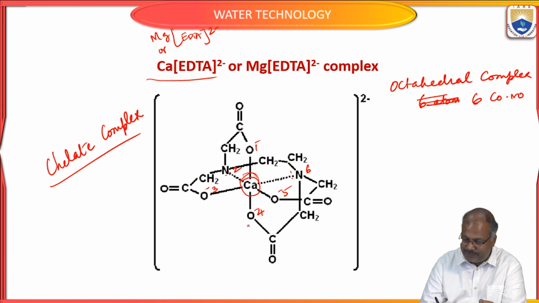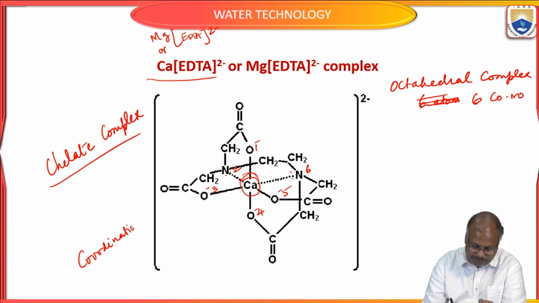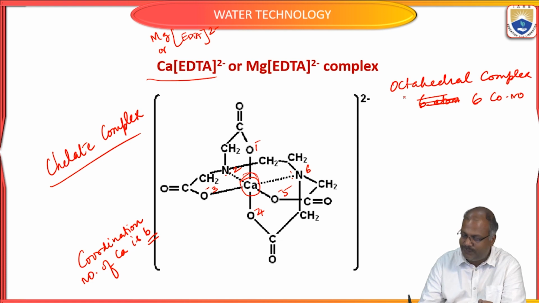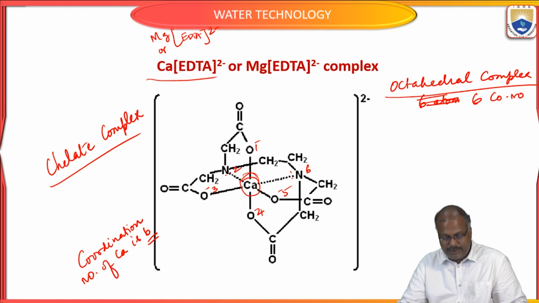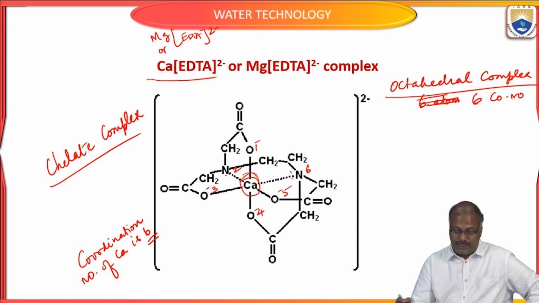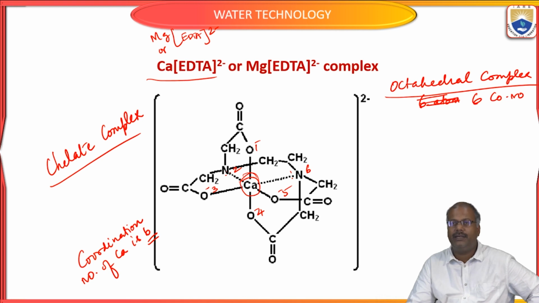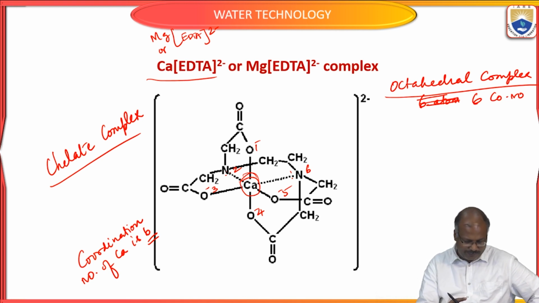So the coordination number of calcium is 6 here. That's why it forms an octahedral complex. So this is a very, very stable, thermodynamically highly stable ligand complex.